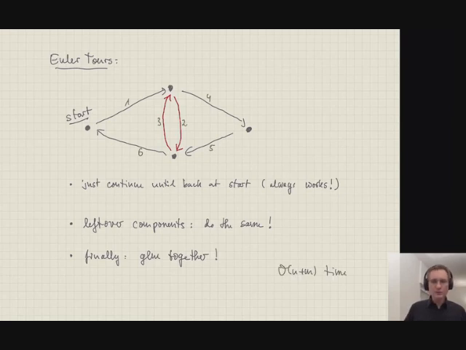And one possibility to do that would be, for instance, I start walking here, then for the first time I'm entering this component with the red edges here. So I follow the Euler tour on this component, right? And then I continue my original tour. And then I have glued together these several Euler tours into one Euler tour for the whole graph. And all that can be done in linear time. Okay, so the even degree condition is obviously crucial for this to be possible.